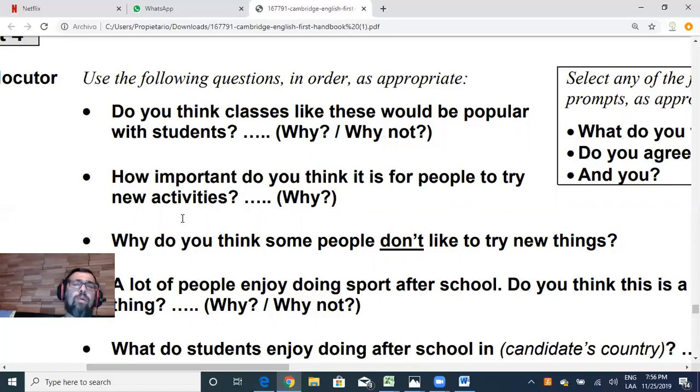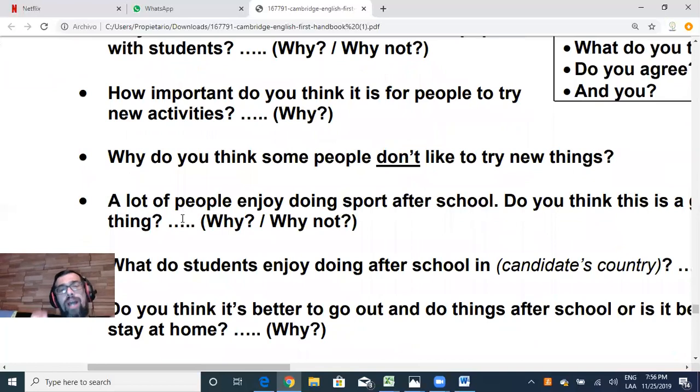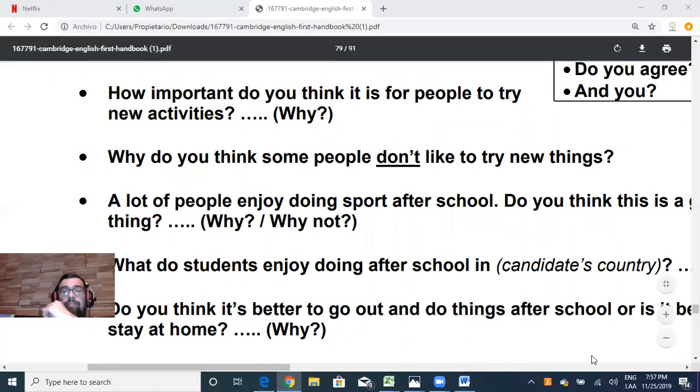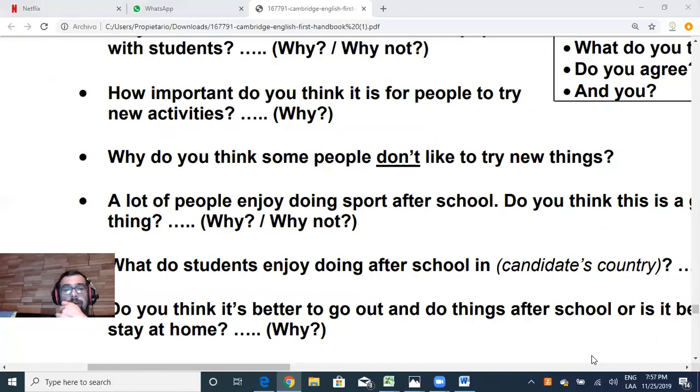Okay, and this one is a very important question. Why do you think some people don't like to try new things? I think people don't like to try new things because they sometimes feel scared about it, and they only do one thing for a long time, and when they have to do other things, they don't like to sacrifice things like time or friends.